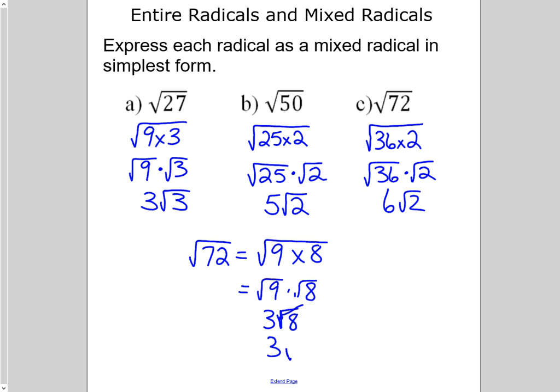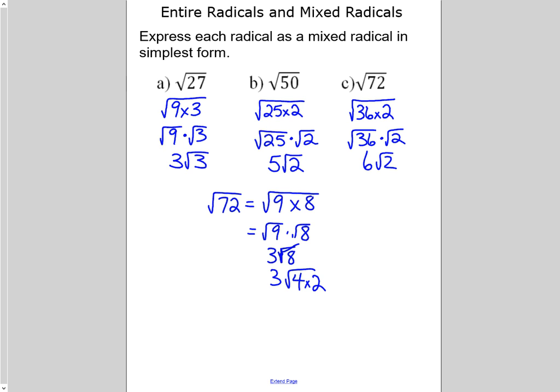We know that 8 is the same thing as 4 times 2, which is the same thing as root 4 times root 2, and the square root of 4 is 2. Notice how I put it in brackets. I'm putting it in brackets because it's going to end up being multiplied to that 3 out front.